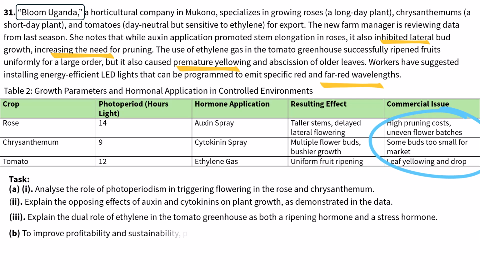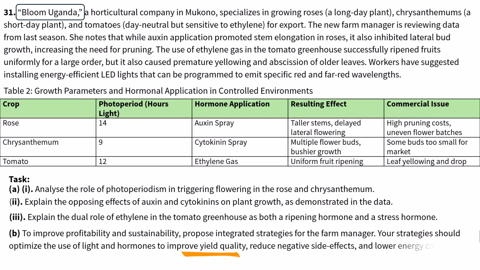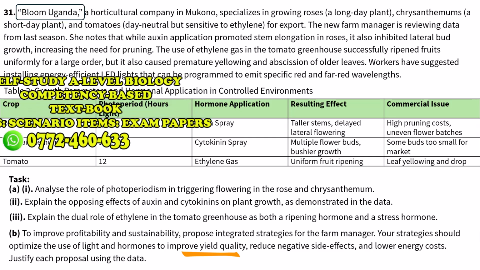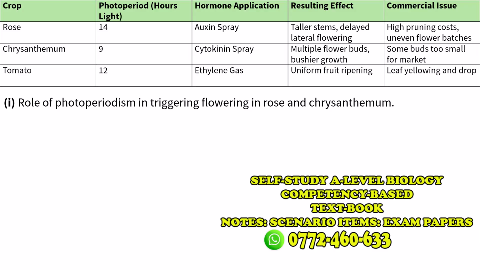Part B. To improve profitability and sustainability, propose integrated strategies for the farm manager. Your strategy should optimize the use of light and hormones to improve yield quality, reduce negative side effects, and lower energy costs. Justify each proposal using the data.